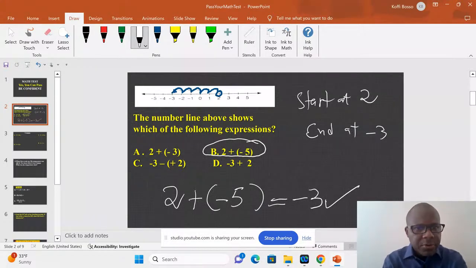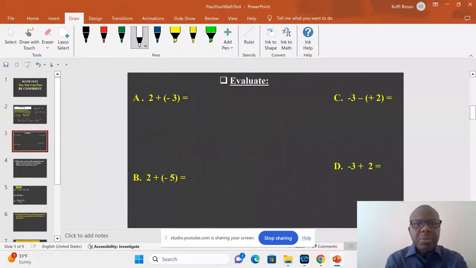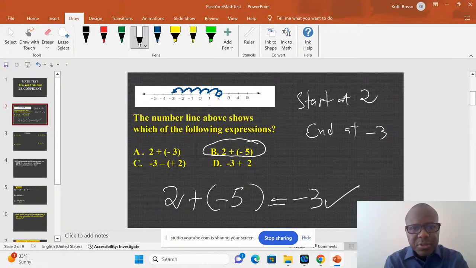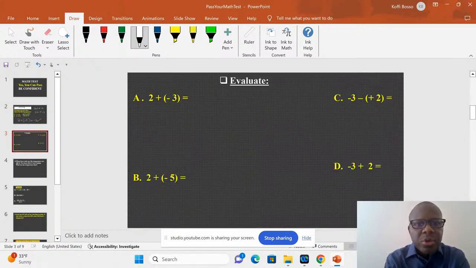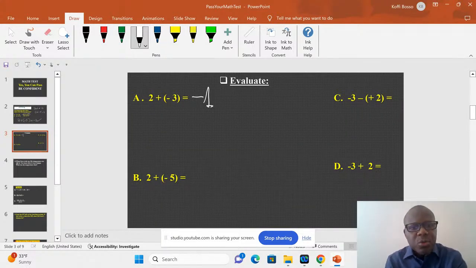Now, if we continue, this problem here, they say evaluate. Now I want to use each choice to solve it as another question. That means what? If I have 2 plus -3, the answer will be -1. So you could use a number line to solve it.